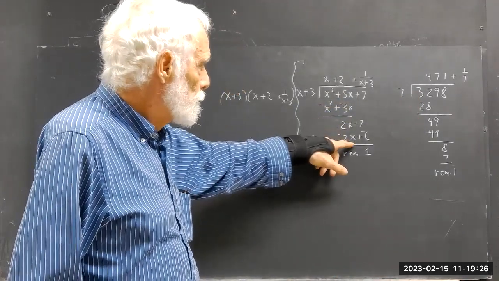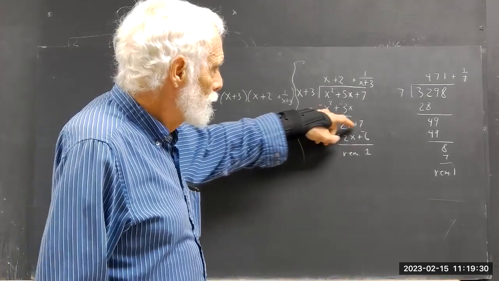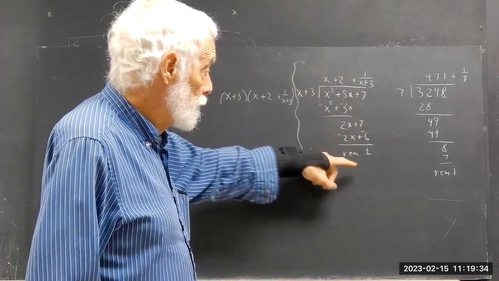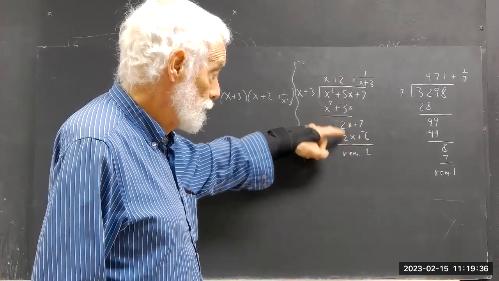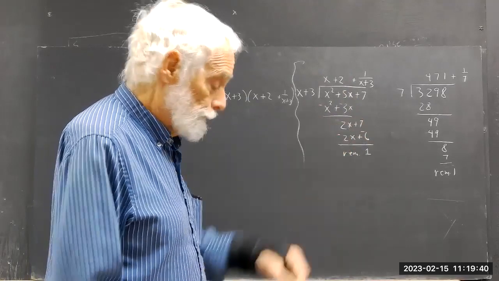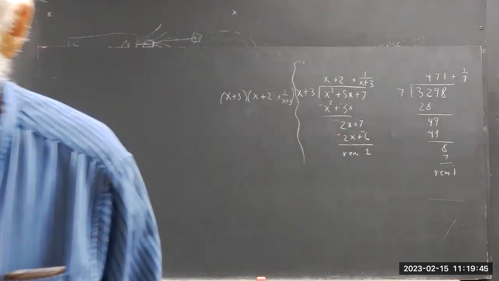We know we have to subtract this. So we put these little tiny minus signs here, got to subtract this from this, which is not going to be a problem because they're going to match up. But we've got to subtract this from this. We'll do some more examples. Get used to that idea.